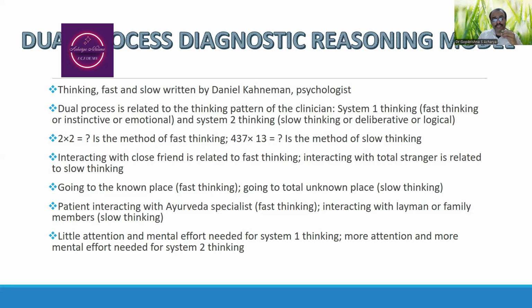In another example, suppose you are interacting with a close friend. That is mainly related to fast thinking itself. You are not worrying about what the other person thinks, feels, or does, etc. Whatever comes to mind is spoken in the case of a person with a close relationship.